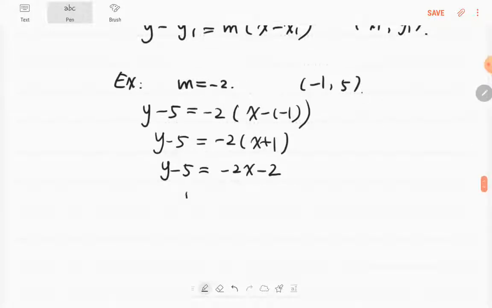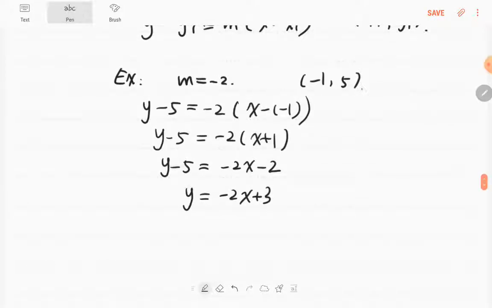Okay, so after that, we will get this, or sometimes we will get this. Depends on the question. If the question asks you to list the slope-intercept form, then we pick this one. If the question needs you to list the standard form, then we prefer this one.